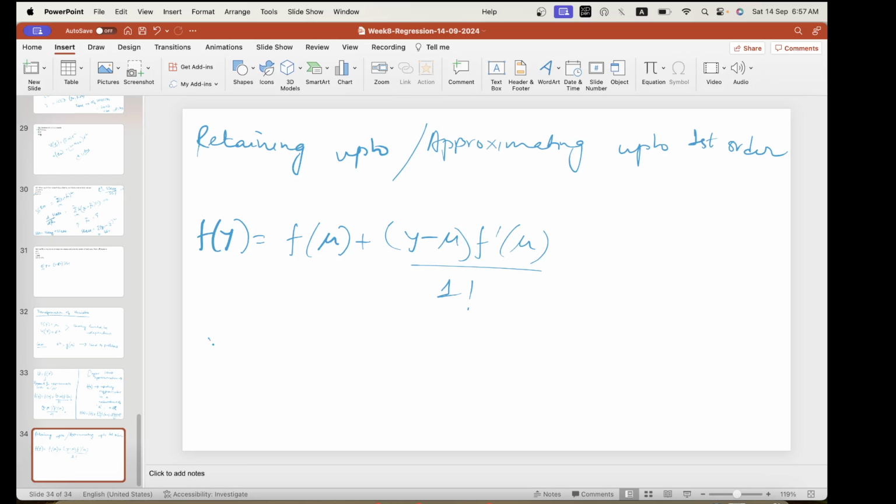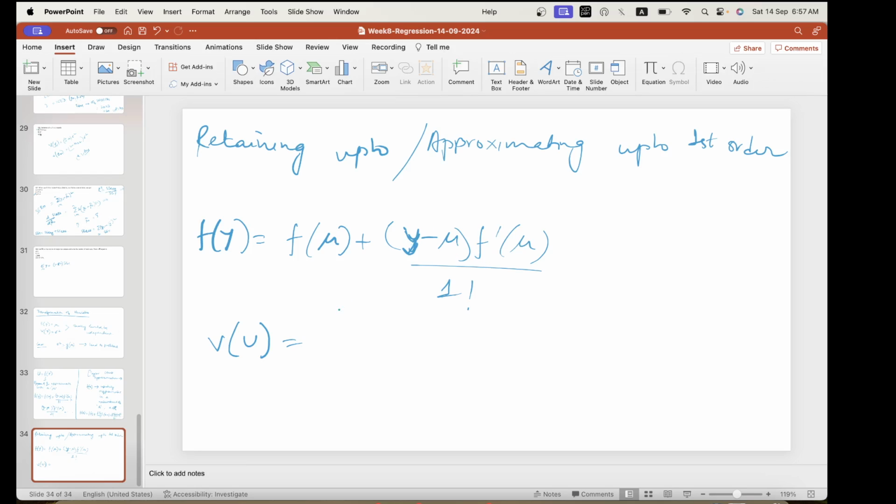So then variance of u would be how much? f of mu is a constant, so variance of a constant is 0. The only random term here is y, and mu is a constant, f prime mu is also a constant, since it's a function of a constant.